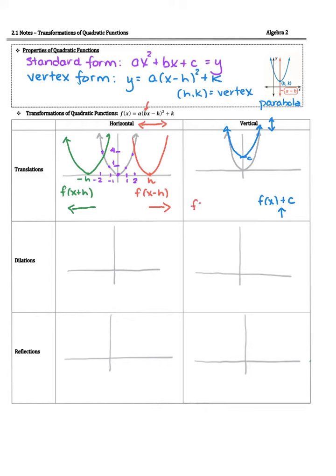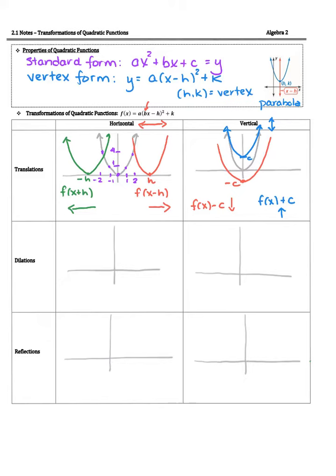And if I saw f of x minus c, that moves you down. So then your vertex would be down here, at minus c. I'm drawing it a little bit larger so they don't run into each other. All right, so those are the easy ones: moving right and left, moving up and down. Basically, you move your vertex and then you can draw your graph.